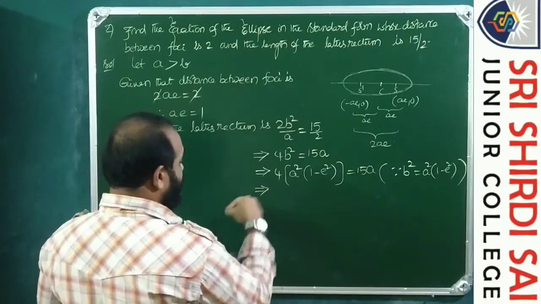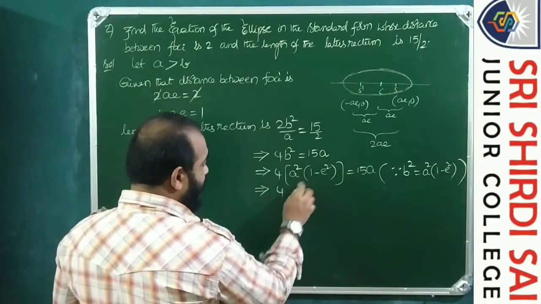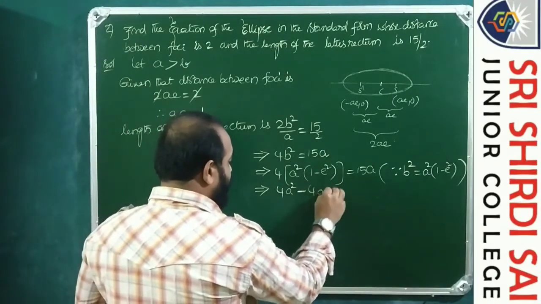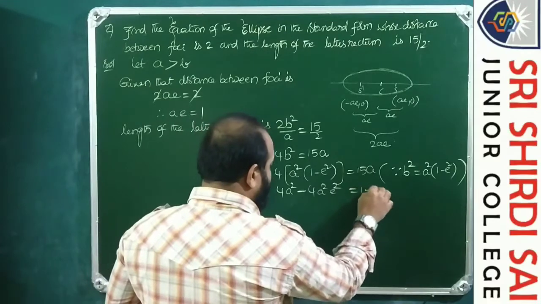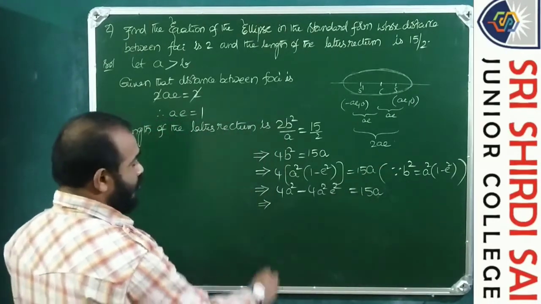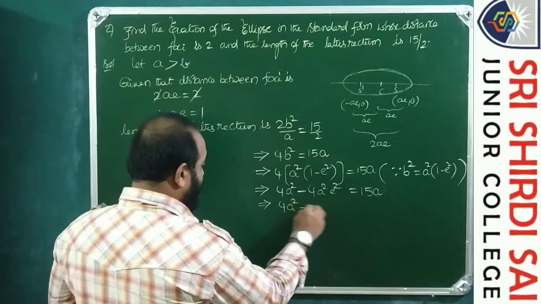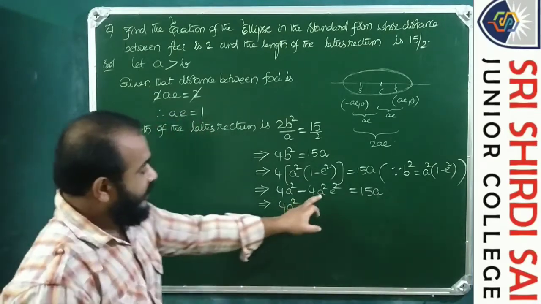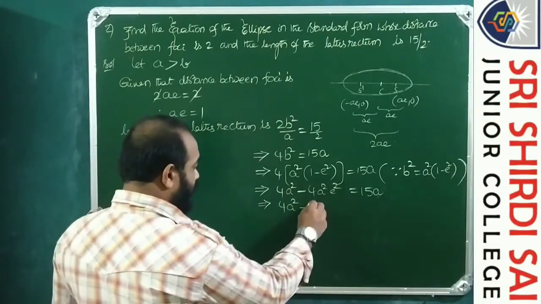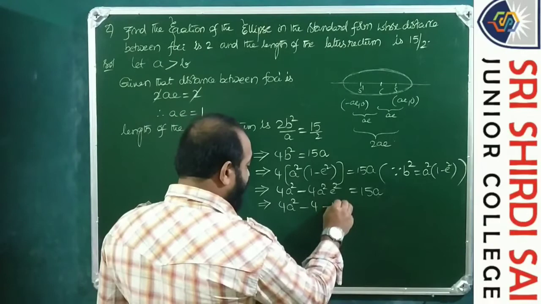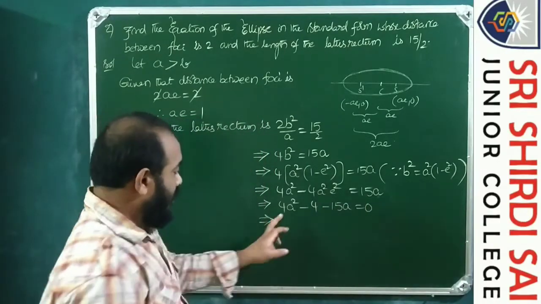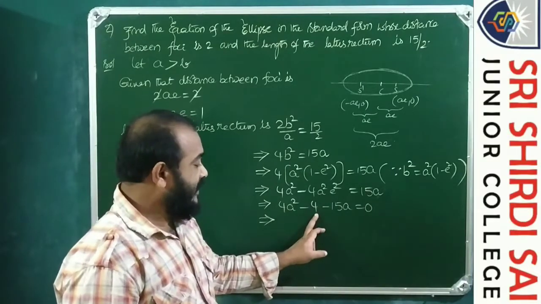So b square equals a square into 1 minus e square. This equals 4a square minus 4a square e square equals 15a. So this equals 4a square minus a square e square, ae equals 1, so a square e square is 1 square, into 4 minus 15a equals 0. So 4 4s are 16.